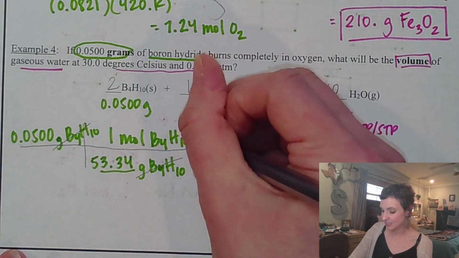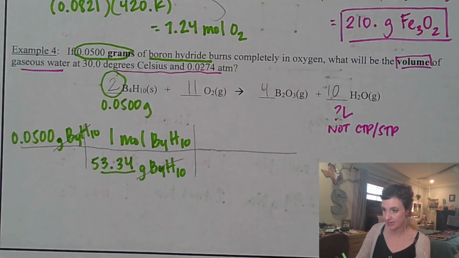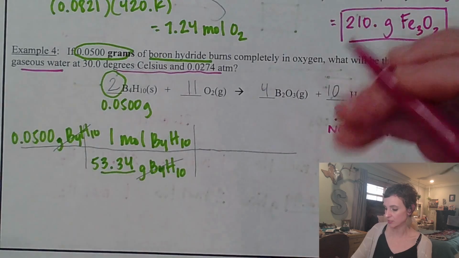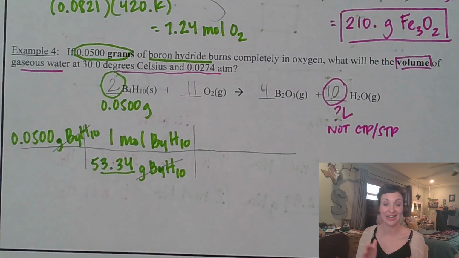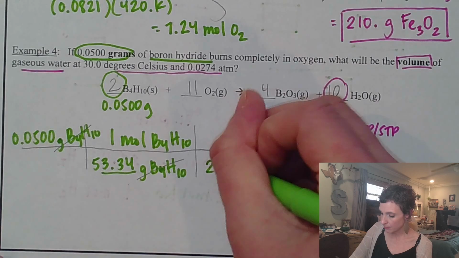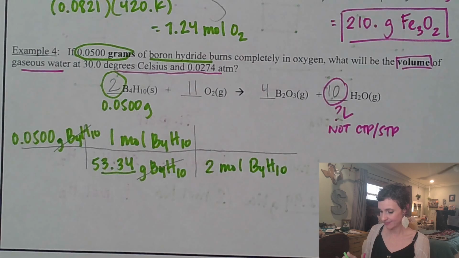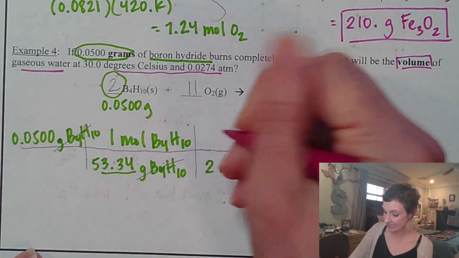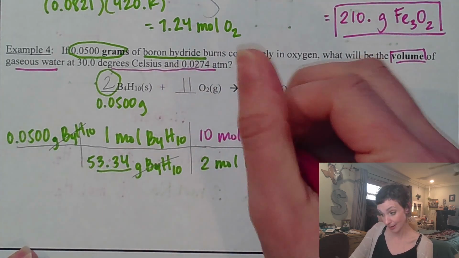All right, I'm at moles of my given. I get excited because it is mole ratio time, which means I'm going to look at the coefficients that I need. There is a 2 moles to 10 moles ratio between boron hydride and water. So I'm going to write the 2 moles of boron hydride on the bottom, and then the 10 moles of water on top.